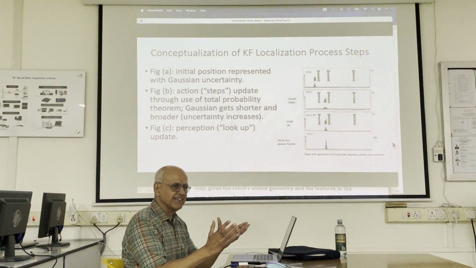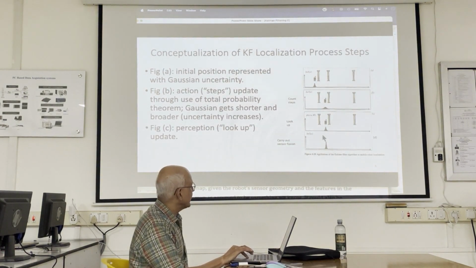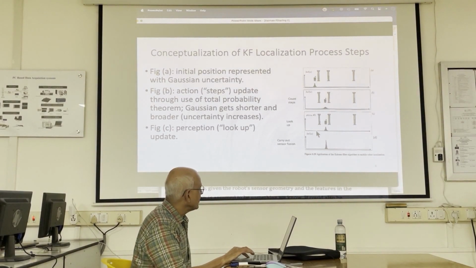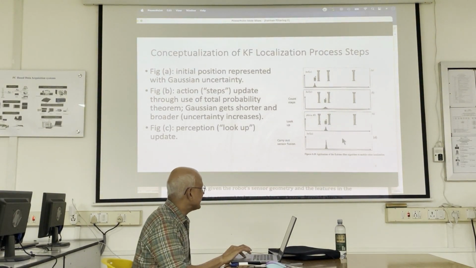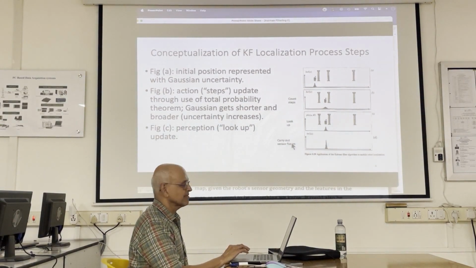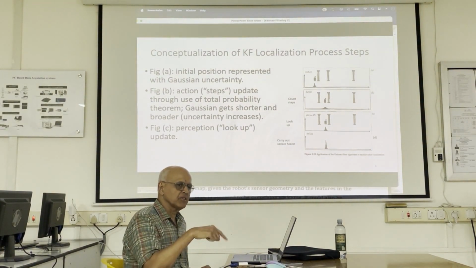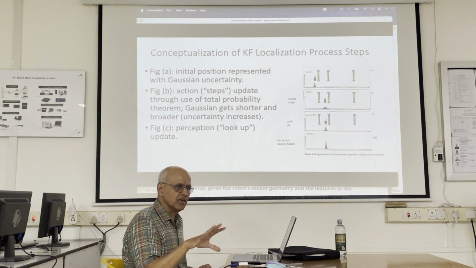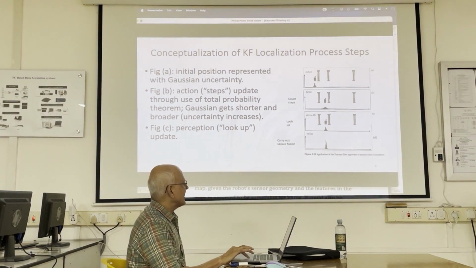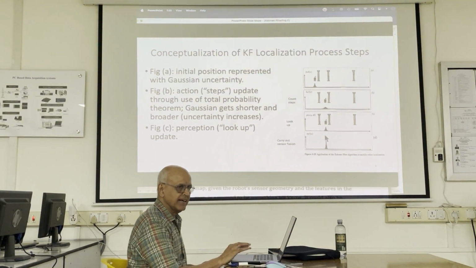There's only one area. So when you multiply, initially you get an intermediate figure between C and D, which is just the product. Then you find out the area under that product and divide each point by it, and you end up with the probability again. So that's why you don't have to worry about the denominator. The probability of the measurement is not of interest, because by using this area normalization rule, you get the right result.